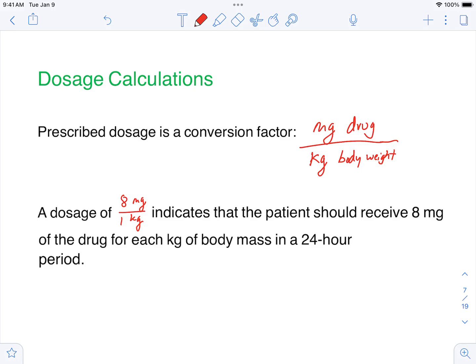That's important. So for example, if you have a dosage of 8 milligrams per 1 kilogram, that indicates that the patient should receive 8 milligrams of the drug for each kilogram of body mass within a 24-hour period. So per day, they should have that. So you would have to find out their weight, put it in kilograms, and do the math that way.